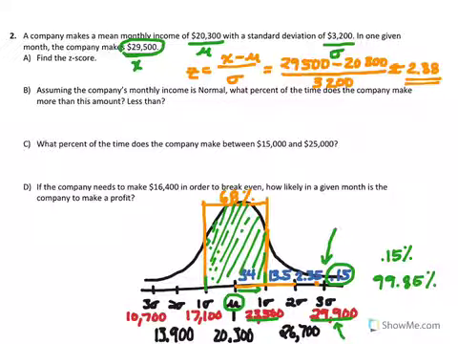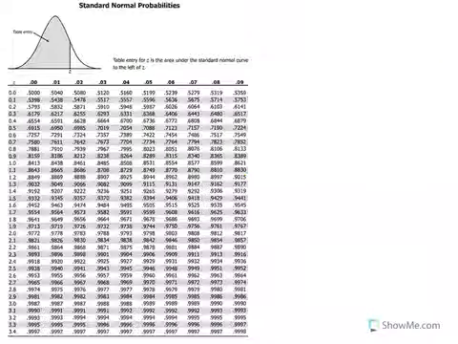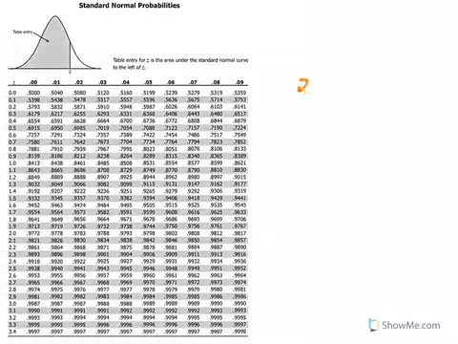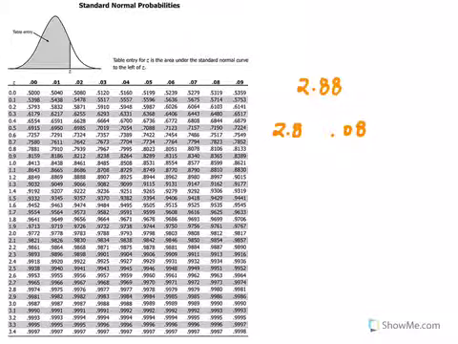And then we can apply this 2.88 z-score and look it up on our z-score table in order to understand, well, assuming the company's monthly income is normal, what percent of the time does the company make more or less than this? So this is when we would go to our z-score table, and if we have a z-score of 2.88, then we're looking for the intersection of 2.8 and 0.08 to give us our z-score.